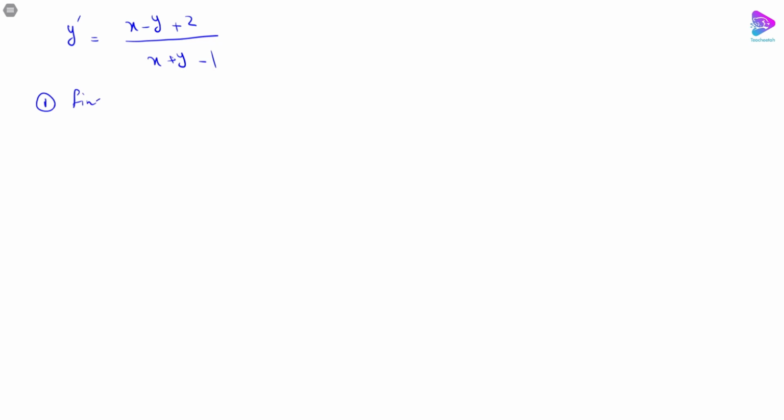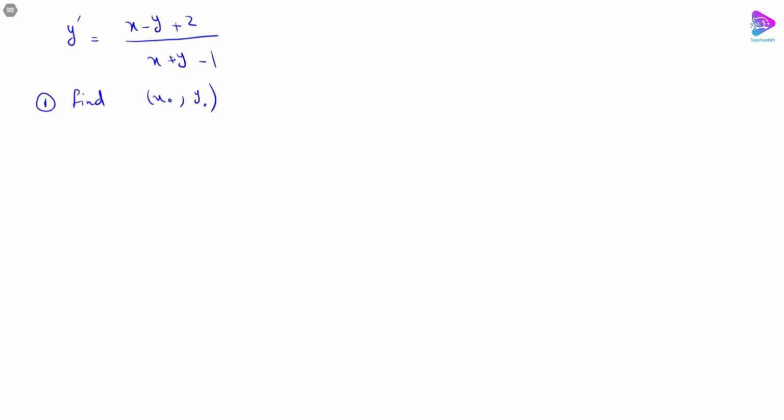Now let's take a look at one example. The example that we have here: y prime is equal to (x minus y plus 2) over (x plus y minus 1). So the first step is to find the intersecting point, basically find x0 and y0.